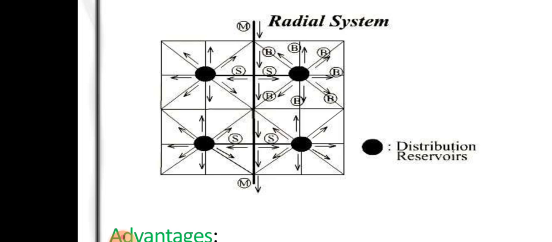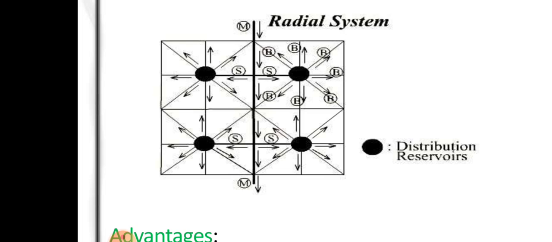Usually the reservoir will be at a higher elevation, or we have an elevated reservoir, and from this point the distribution pipes will run radially towards the periphery of the districts. Like you see in the figure, there will be a central reservoir from which the distribution pipes will run radially towards the periphery.